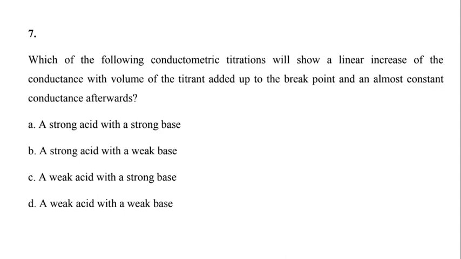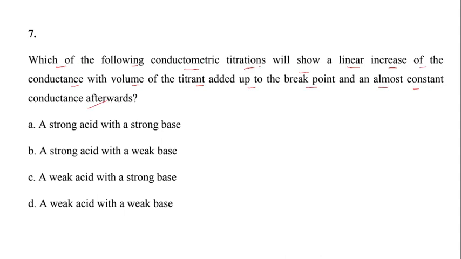Question number 7. Which of the following conductometric titrations will show a linear increase of the conductance with volume of titrant added up to the break point and almost constant conductance afterward? Okay, I am reading the question again. It is a little bit tricky question.